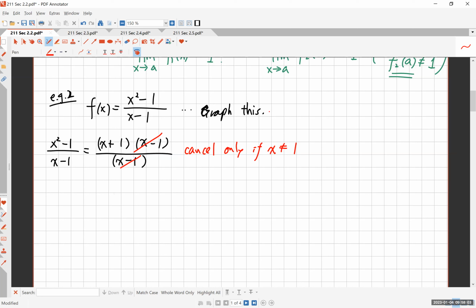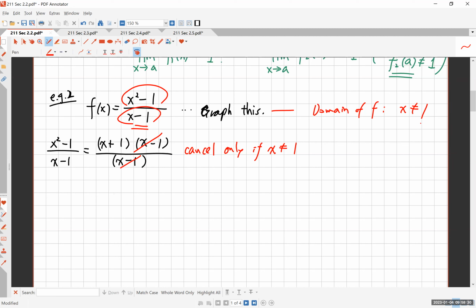Now, that's okay, because the domain of this function is all reals except when x is equal to 1, right? This is a rational function, and this is a polynomial. This is a polynomial. And so as a rational function, it is defined everywhere on the real line, except when the denominator is 0.